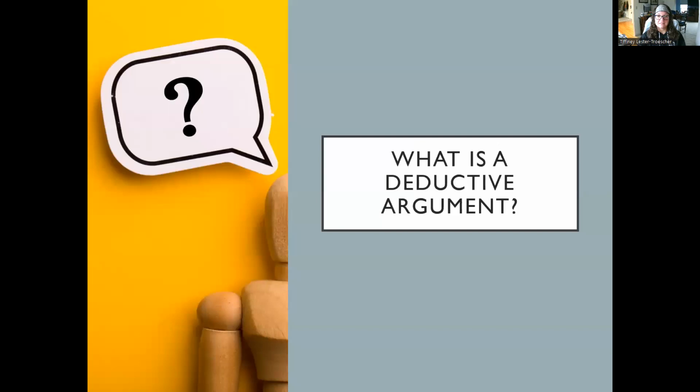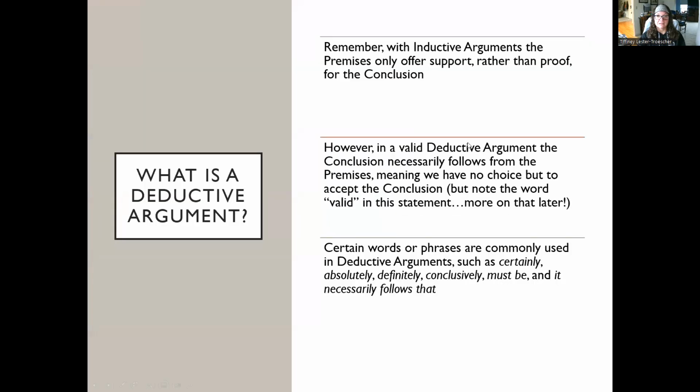What is a deductive argument? So first, let's recap a little bit what we learned in Chapter 7 about inductive arguments. If you remember, we use inductive argument all the time. And the reason is because there's so many unknowns when we are looking at an issue. We cannot tell the future.